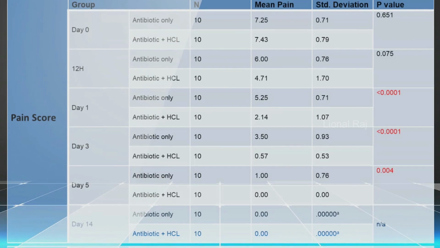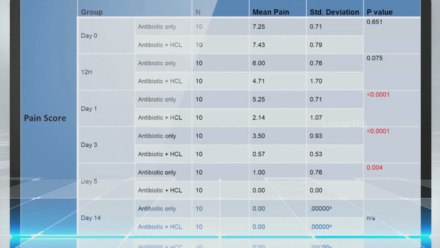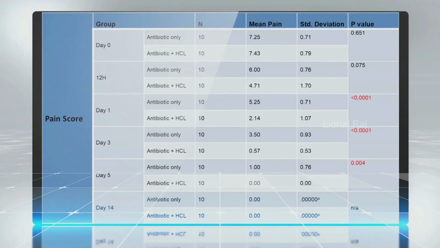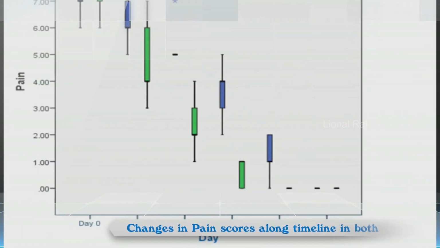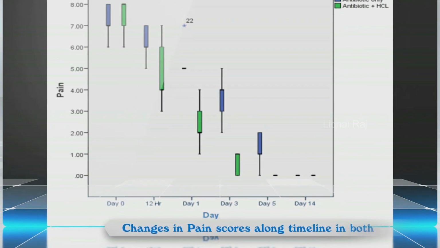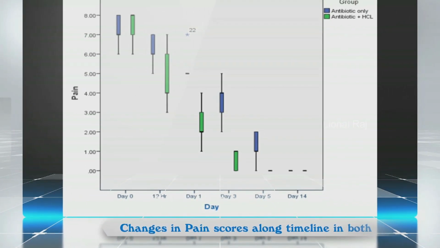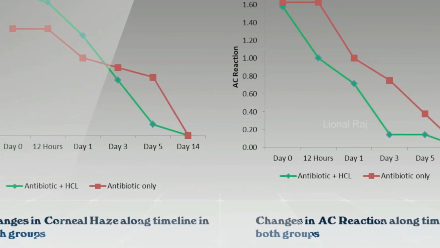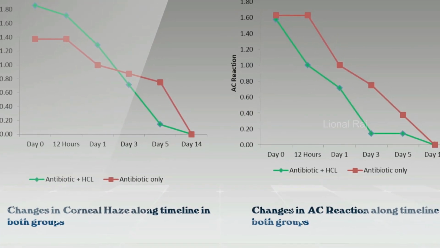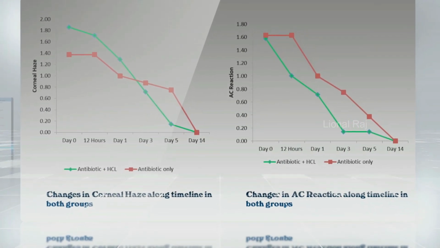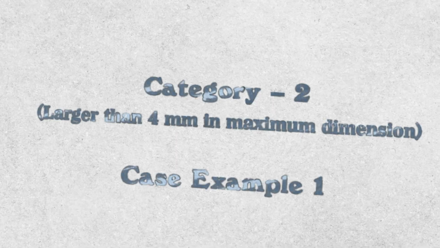The pain reduced in the scale by 2.7 points at 12 hours, by 5.29 points at day 1 and 6.86 points by day 3, which was significantly better than being treated with drops alone. There was a significant reduction of corneal haze and reactions in both the groups, more so with the contact lens group in the first 3 days.